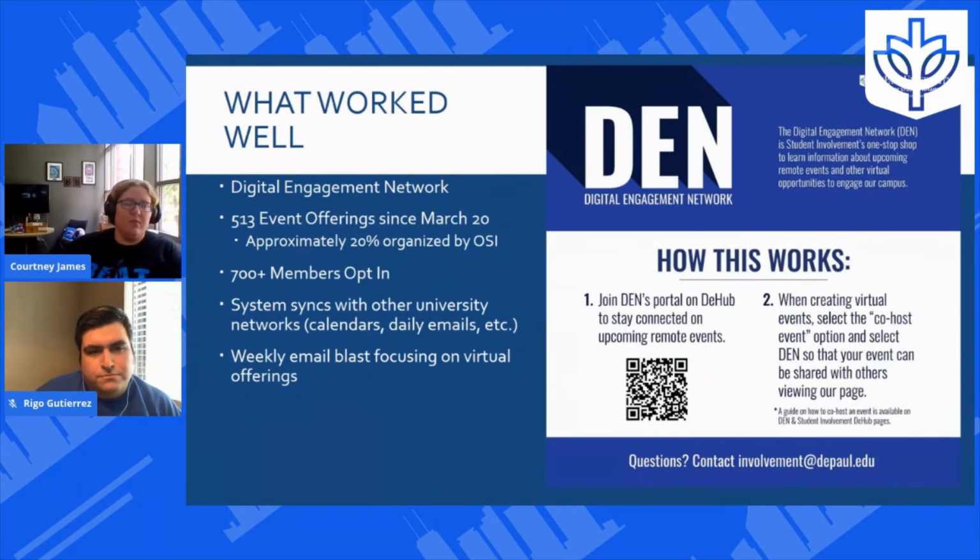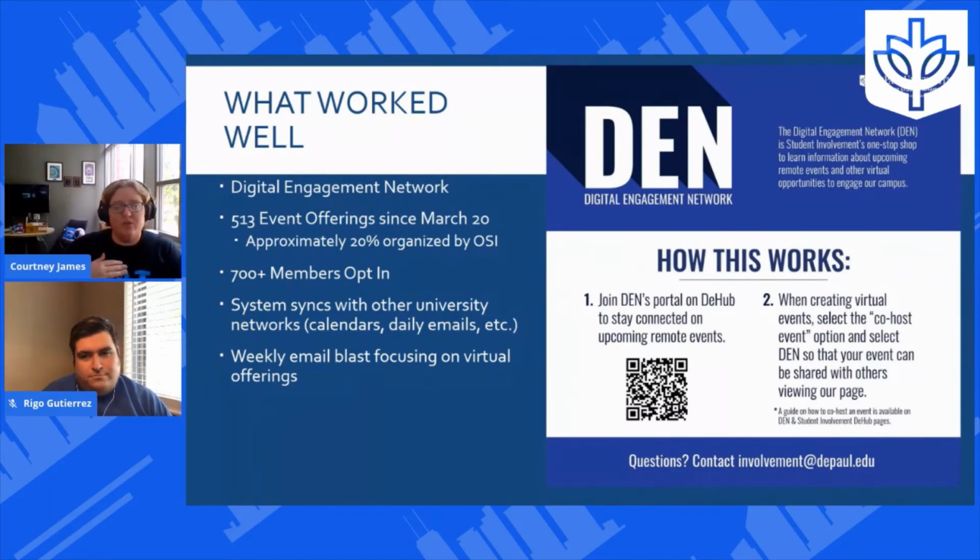The other great part about it was because it was through our content management system, our students had to opt into it. So we knew that the audience that we were building for this virtual community was extremely interested because they said, yes, I want to get this information. Because we used this strategy, we were able to promote 513 different event offerings since March 20th.